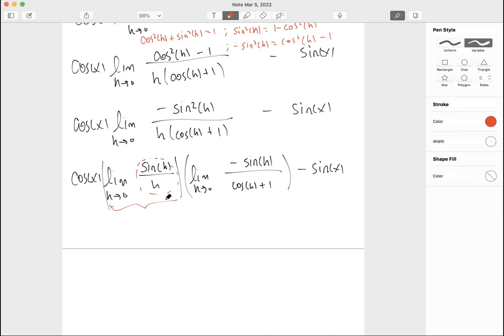So this is a new method, an additional tool in our toolbox for simplifying: looking for sine of h over h factors, because this factor limits to 1. It simplifies things when you have limits to 0 with sine of h over h.